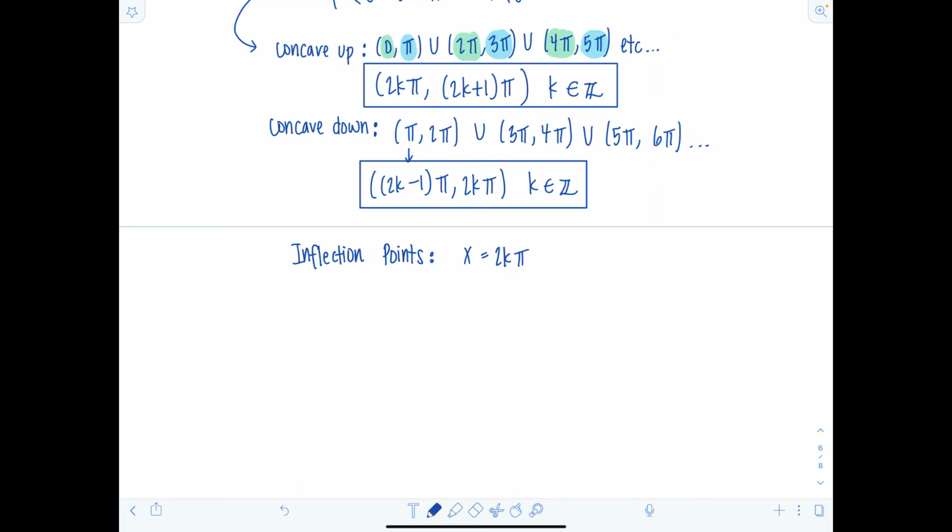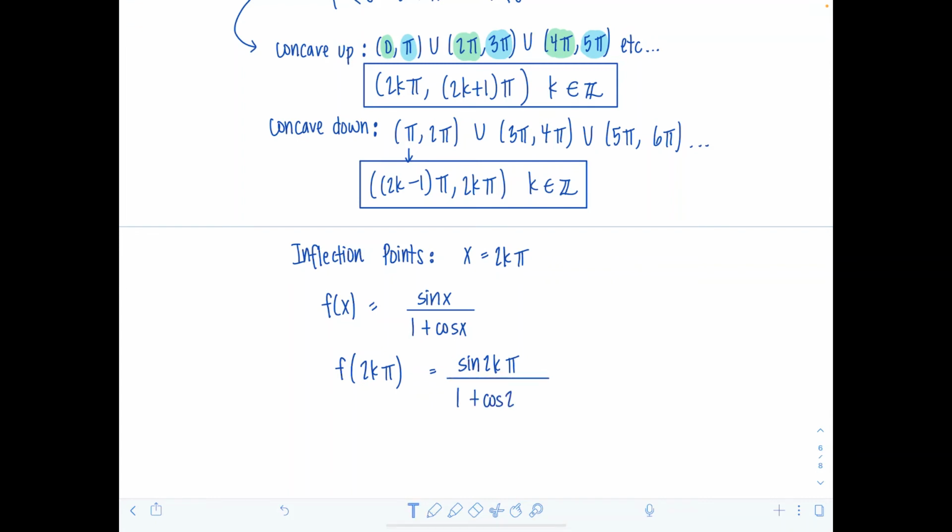What's the y value going to be? Do you even remember what the original equation was? My goodness, it seems like ages ago. So it was f of x equals sine of x over 1 plus cosine of x. So that means f of 2k pi is sine of 2k pi over 1 plus cosine 2k pi.